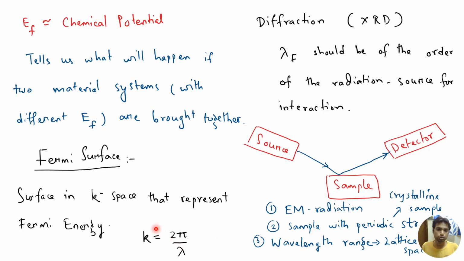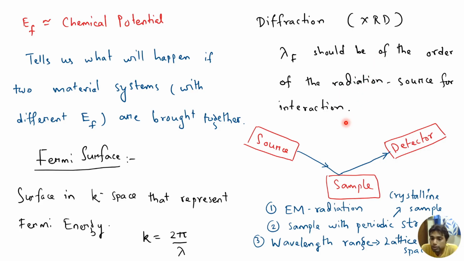From EF you can get the kF from the relation h bar square kF square by 2m, and if you equate this k as 2 pi by lambda f, you will get your required value, this lambda f. And this lambda f tells you what should be the order of radiation source for the interaction.